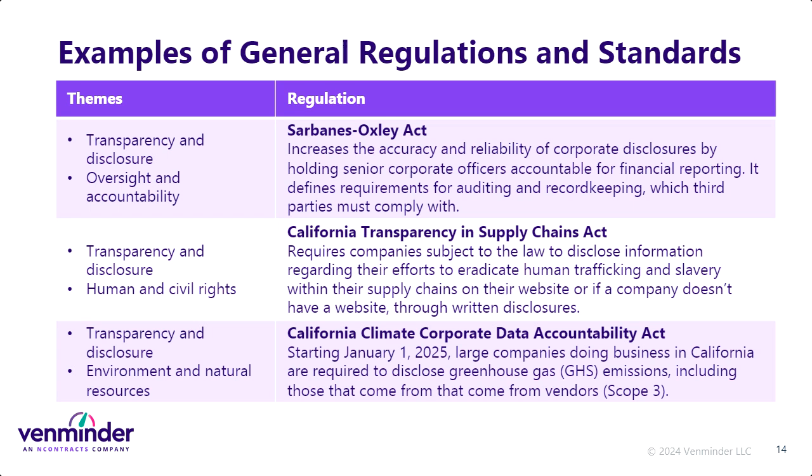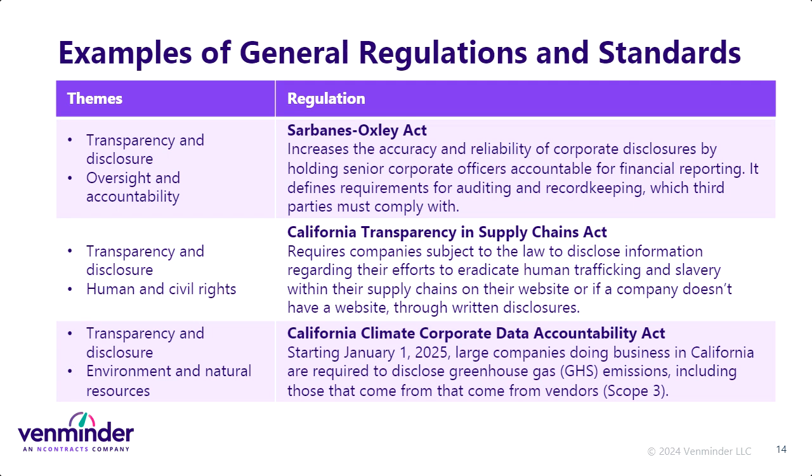All right, there are so many general regulations and standards that we could share, but I'm going to stick with the ones that most people are likely to be a little familiar with. So let's start off with the Sarbanes-Oxley Act. It's all about improving the accuracy, reliability of corporate records and disclosures, especially when it comes to audit requirements and how companies should generally keep and store their records.